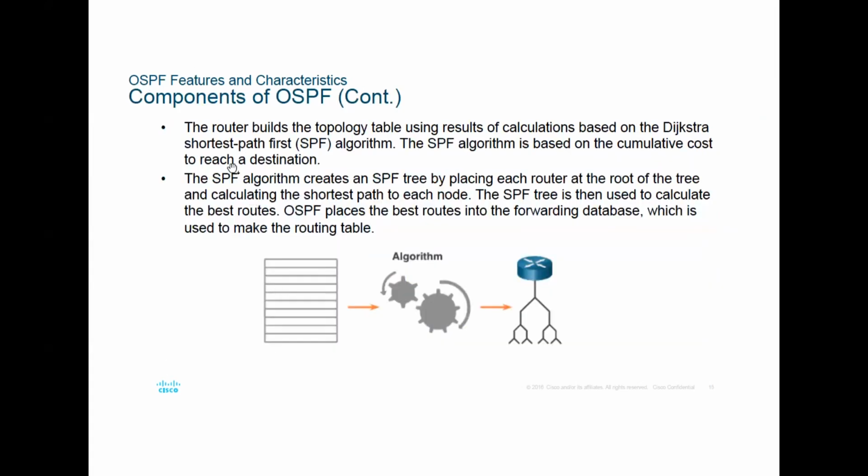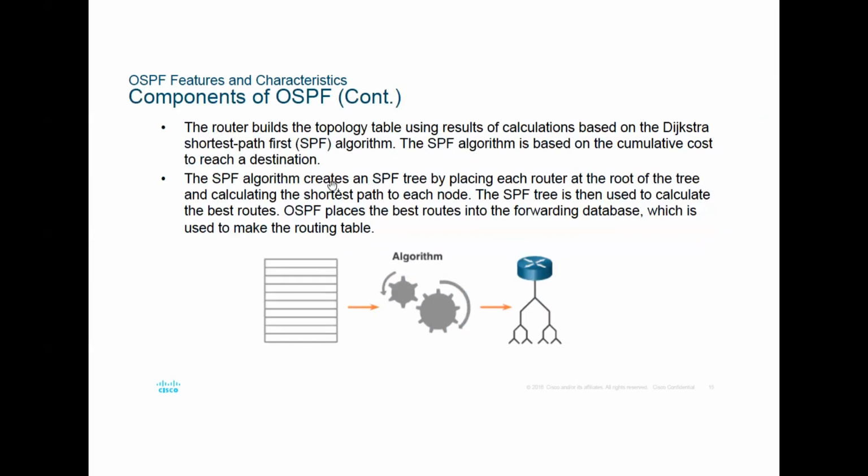Okay. Continue on components of OSPF. The router builds the topology table using the result of calculation based on Dijkstra's shortest path first, SPF, algorithm. The SPF algorithm is based on cumulative cost to reach a destination.